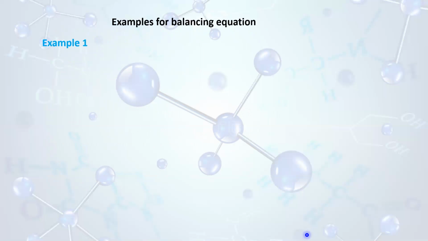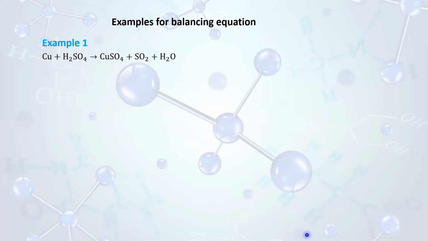See the example. Cu plus H2SO4, copper plus sulfuric acid gives copper sulfate plus sulfur dioxide plus water. In the first step, we have to count the atoms of each element on both sides of the equation.